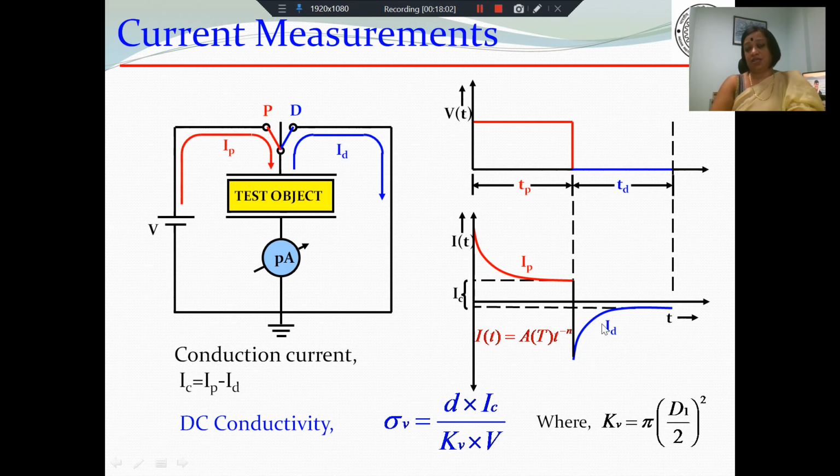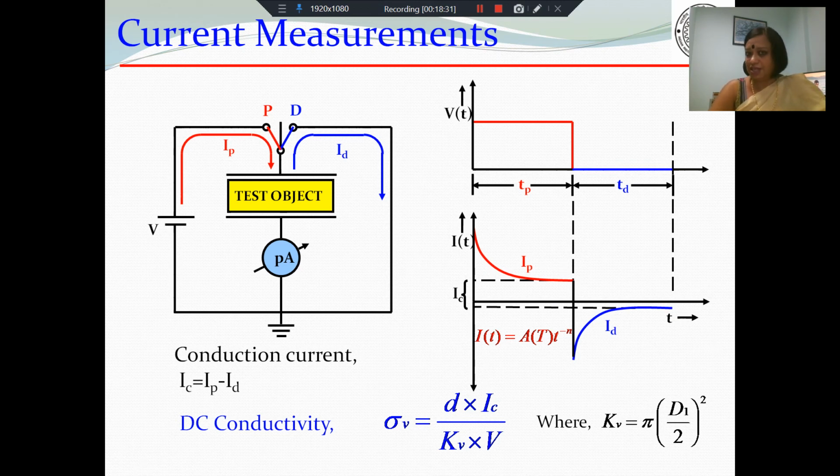However, in short circuit conditions, ideally the steady state value should be 0, because we don't have any energization, so we don't have any potential difference to drive a current through the circuit. So ideally speaking, the depolarization current should go to 0. And the polarization time should be equal to the depolarization time. In fact, the polarization current and the depolarization current should be mirror images of each other.